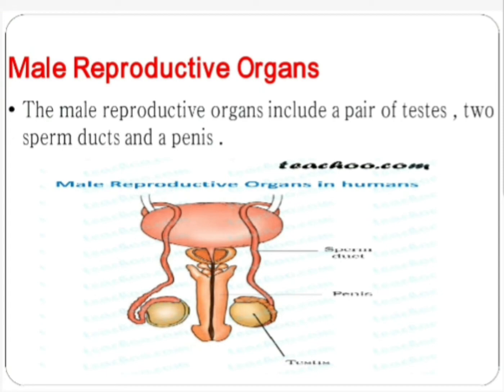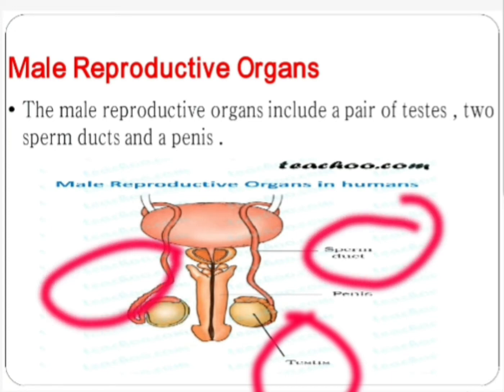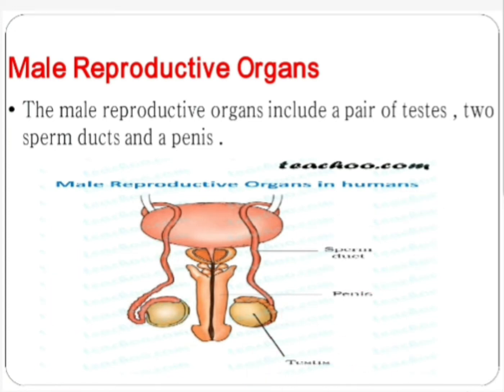Next point is male reproductive organs. The male reproductive organs include a pair of testes, two sperm ducts, and a penis.